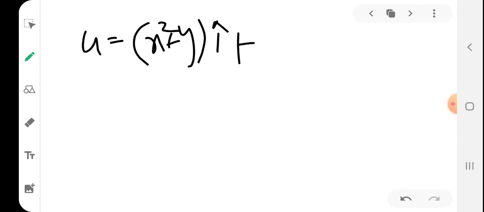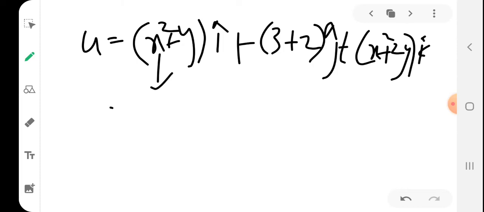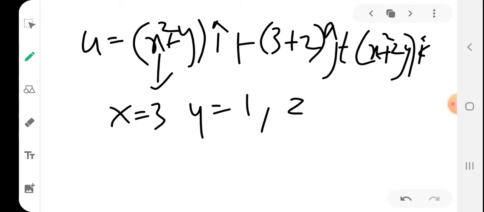Now, since u equals (x square plus y) i plus (3 plus z) j plus (x square plus 2y) k, I am substituting here x equal to 3, y equal to 1, z equal to minus 2.